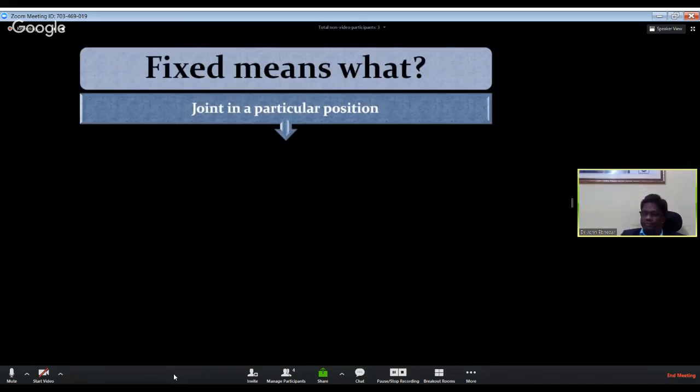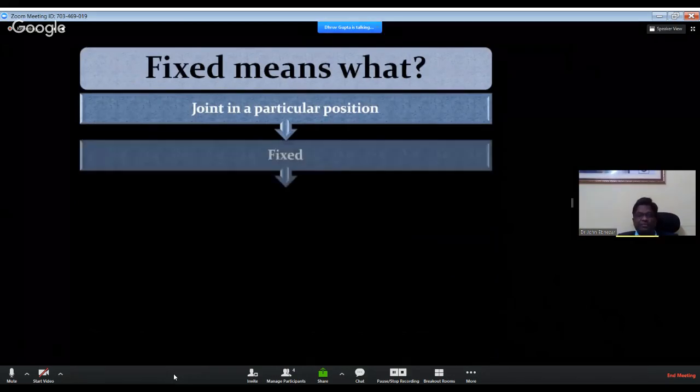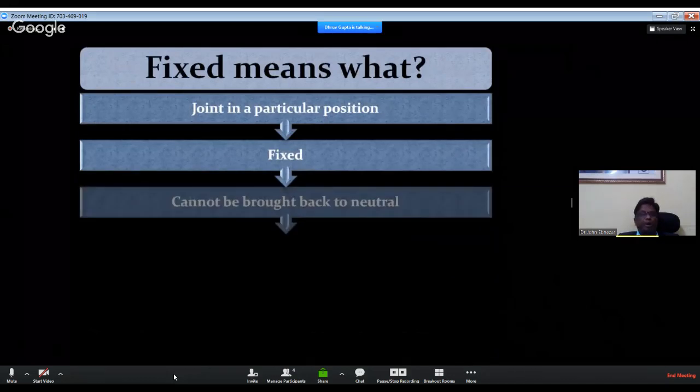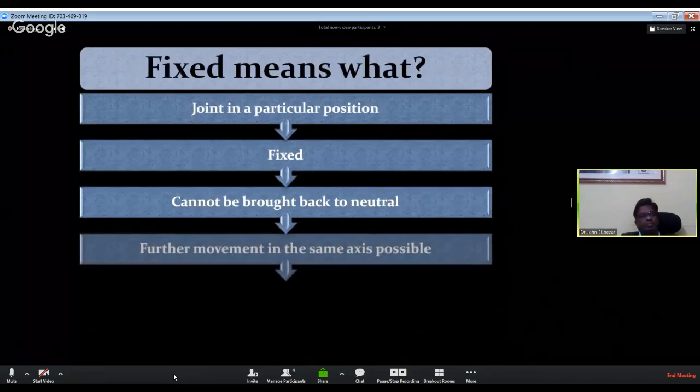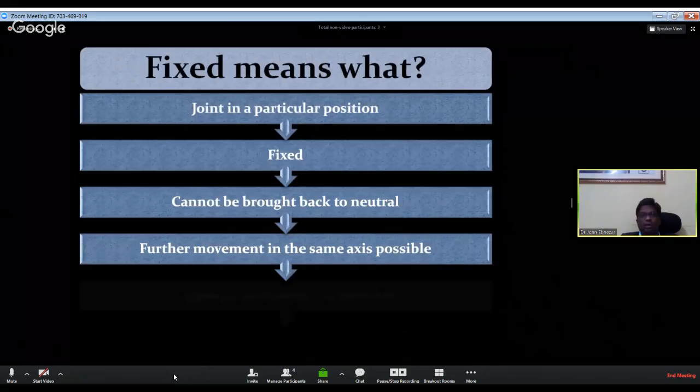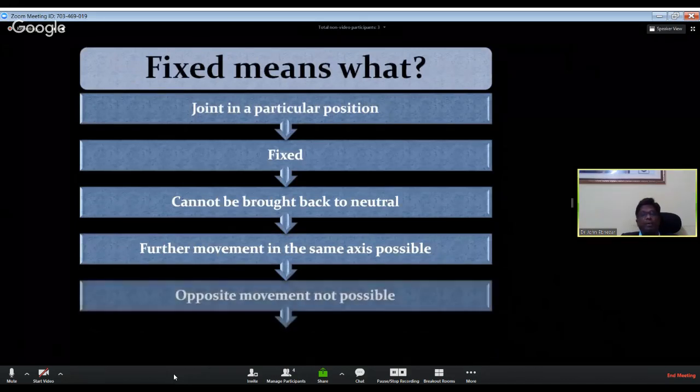Now, what do we mean by fixed deformity? The joint is in a particular position. It is fixed. It cannot be brought back to neutral. Fixed means we cannot bring the joint to neutral. So if you find any movement wherein you cannot bring it to neutral, that means the joint is fixed. Further movement in the same axis is possible, but opposite movement is not possible. You must understand this perfectly.